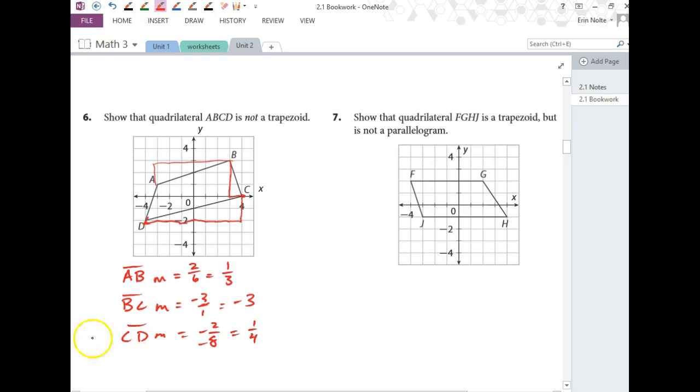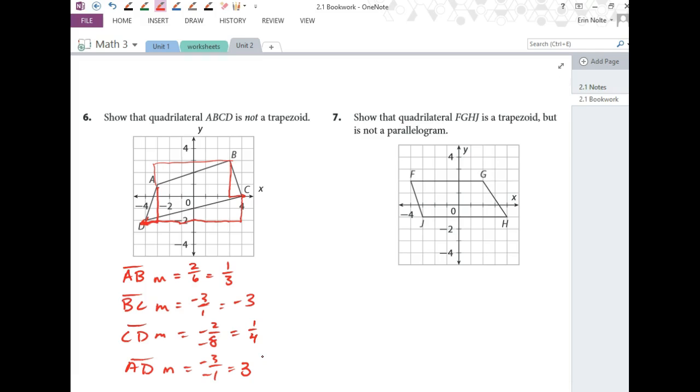And should we go A to D or D to A? A to D, doesn't matter which one. So A to D, I would have to go down 3 and to the left 1. So that would be -3/-1, which is +3, right? Because you got a negative over negative.